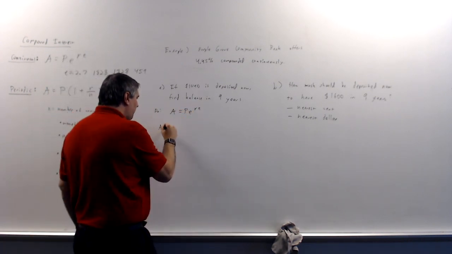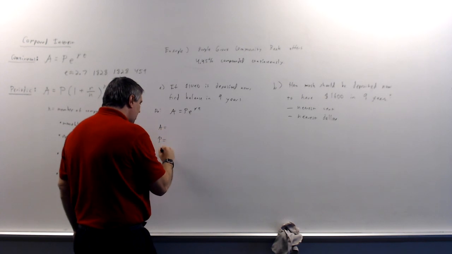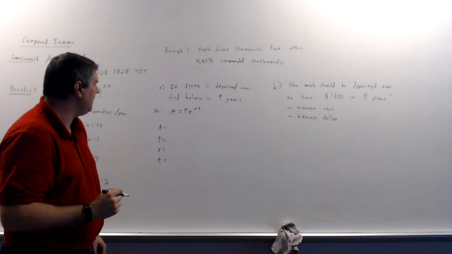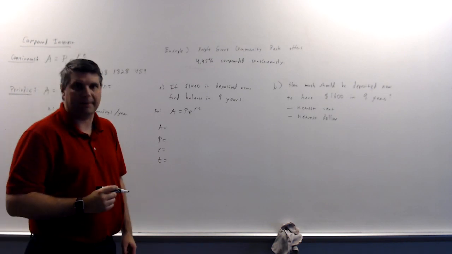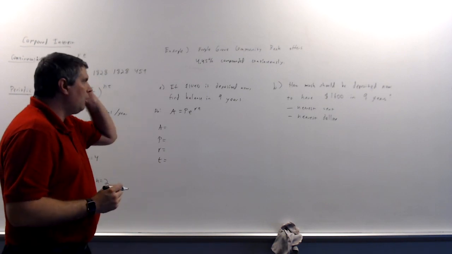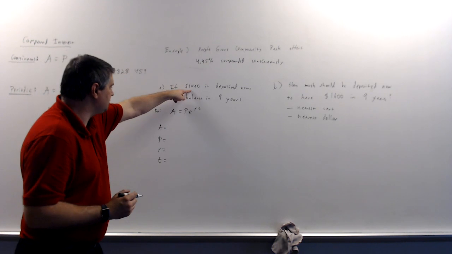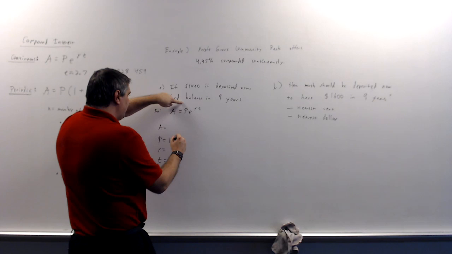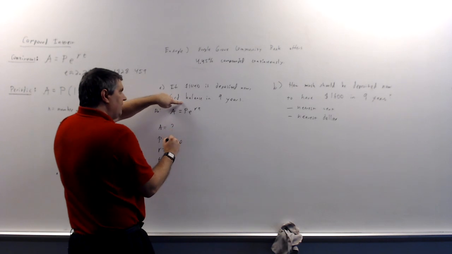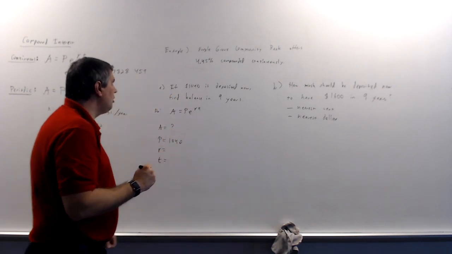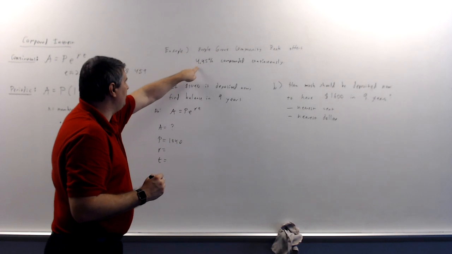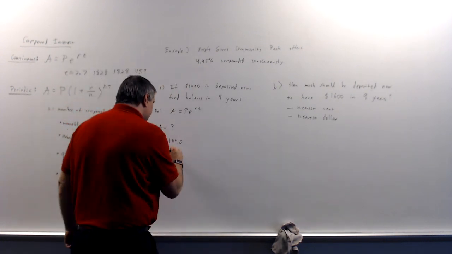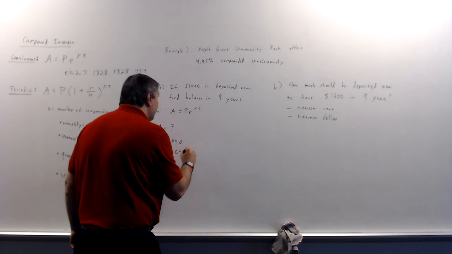Now, before I start plugging things in, I try to identify what the variable values are, because sometimes it's not as simple as it seems. So 1,040 is what we're starting with. That's our principal. We're looking for what the balance is going to be, an accumulated value in 9 years. Rate, either move the decimal point over 2 places or just divide that by 100, is 0.0445, and T is 9 years.